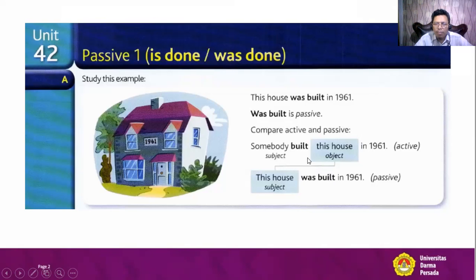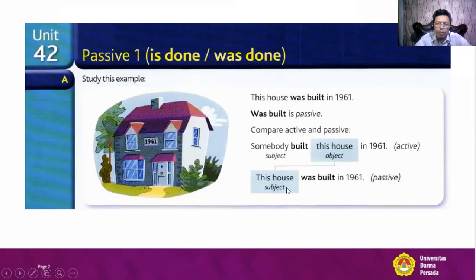We are going to discuss more about this one. Built becomes was built. And as we can see, this house, which was previously an object of the first sentence, changes into the subject of the new sentence because it starts the sentence. So this house that is taken from this one is now a subject.